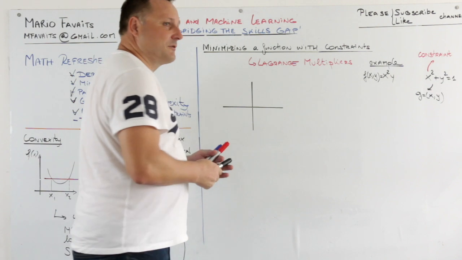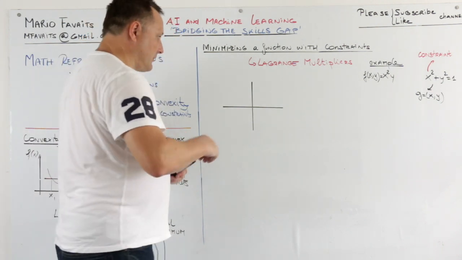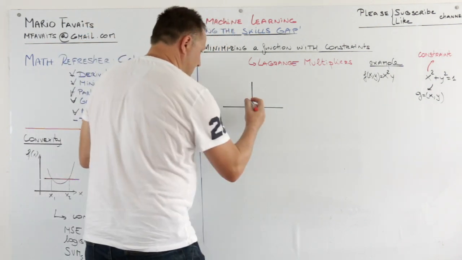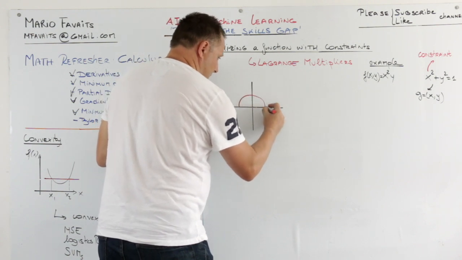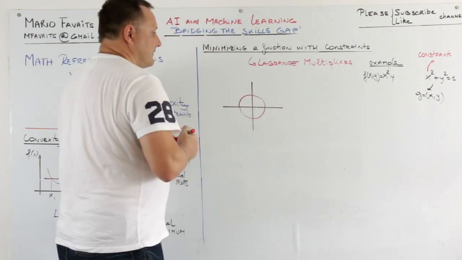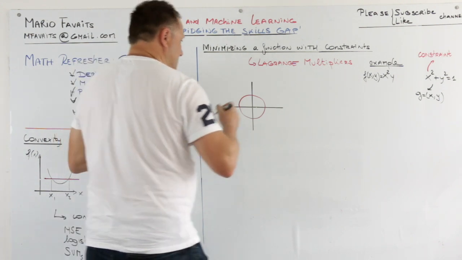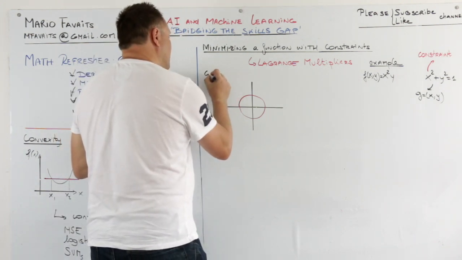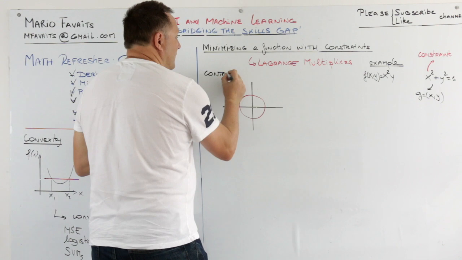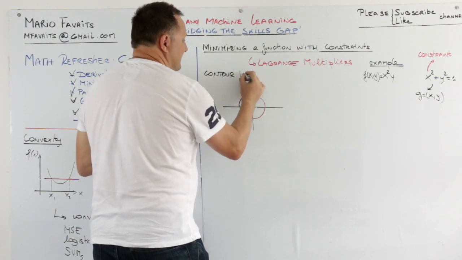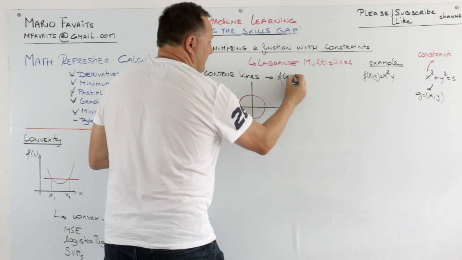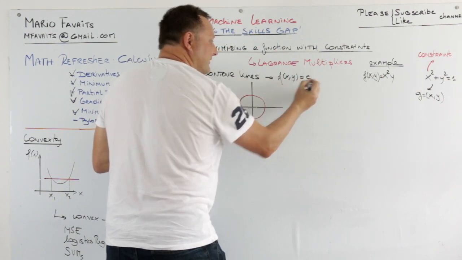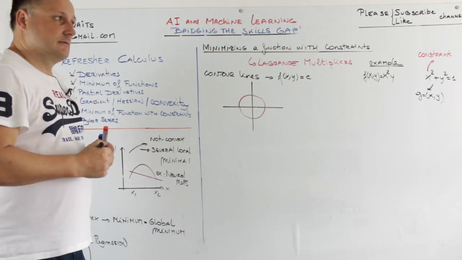X squared plus y squared equals 1 is actually a circle. These are all circles, these contour lines are all circles. But let's draw the contour lines. Contour lines are lines where f of x, y equals c, and c is a constant.